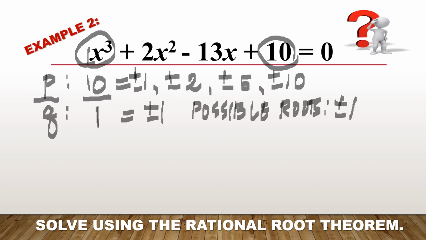Next, we're done with 1. Let's have 2. 2 divided by 1, positive negative 2, and so on and so forth. And the same thing for 5 and 10, we have positive negative 5 and positive negative 10. So meaning we have to divide p by q.